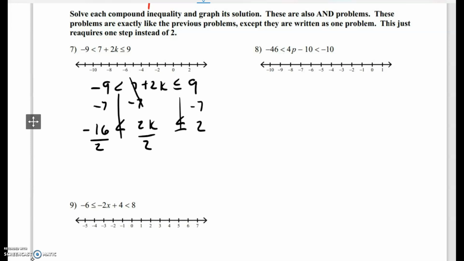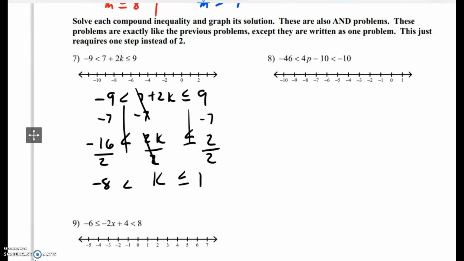All 3 sections. The 2's eliminate here. We get k. That's what we want. Negative 16 divided by 2 is negative 8. And 2 divided by 2 is 1. And I just brought down the symbols. So we have k is in between negative 8 and 1.